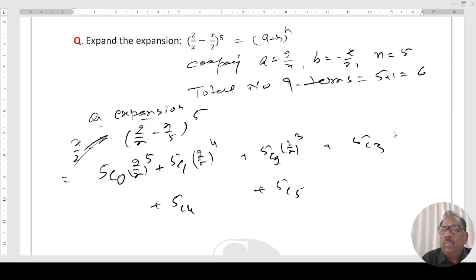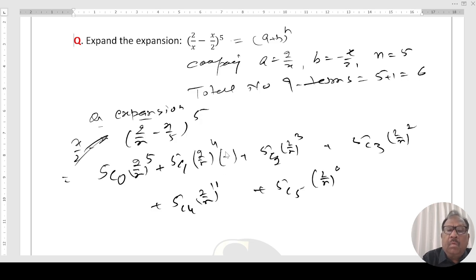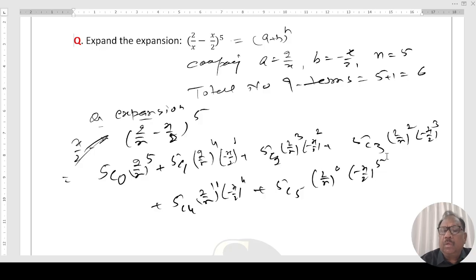The power goes on decreasing. And the powers of minus x by 2 go on increasing from 1 to 5. I have explained the way of writing it.